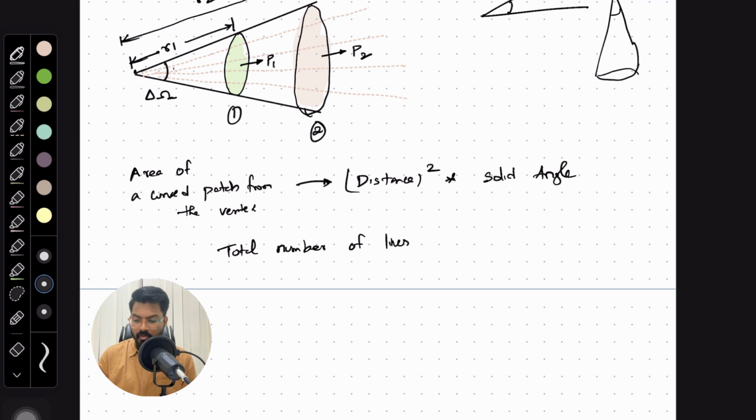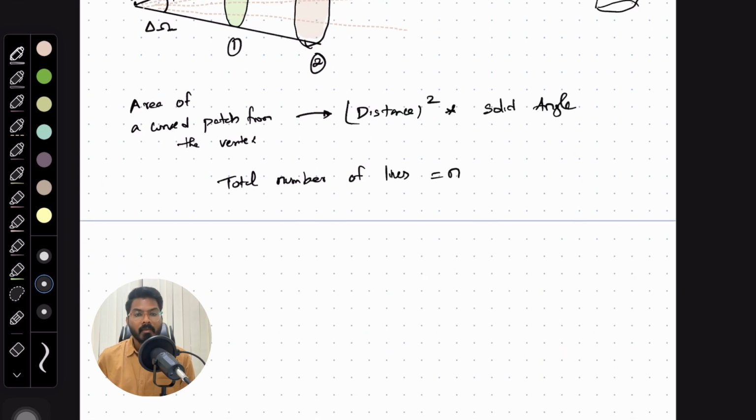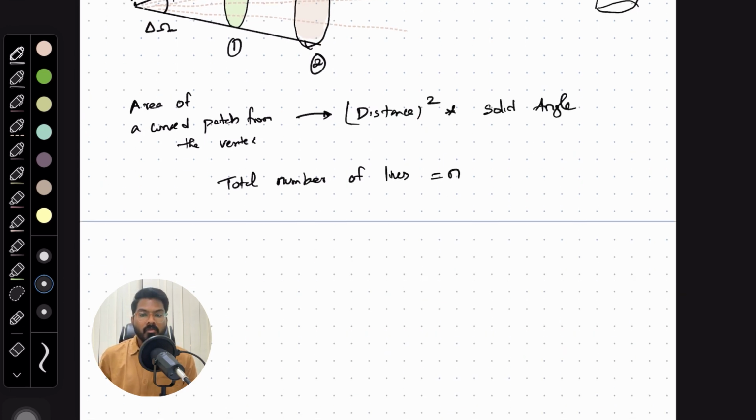Now if you look at area 1, then that N is divided by some area. What is that area? Area I told you is given by distance squared. So R1 squared multiplied by the solid angle is the same. Now in the case of 2, the number of lines is the same.